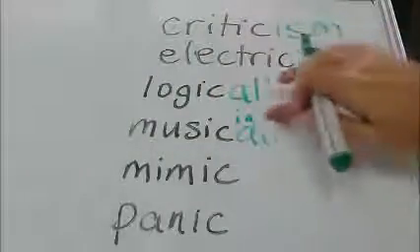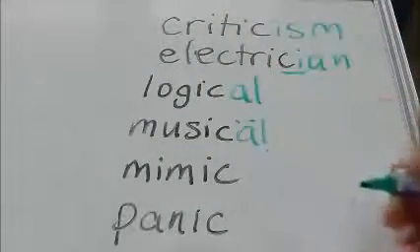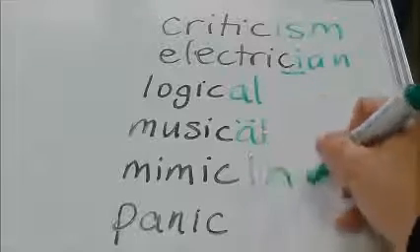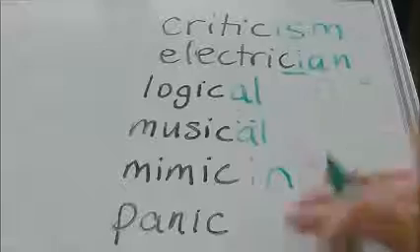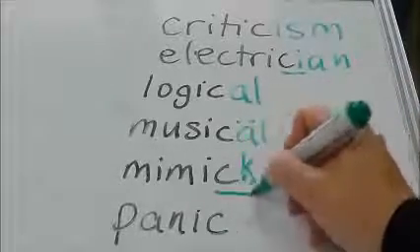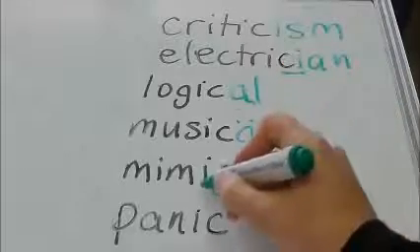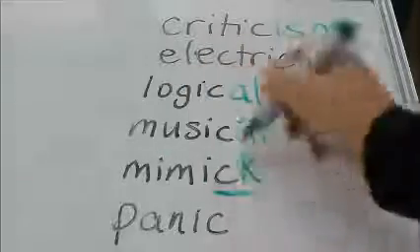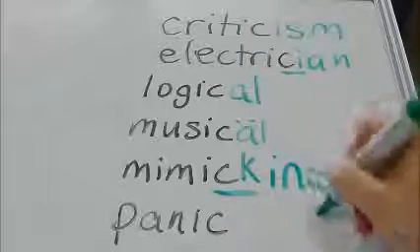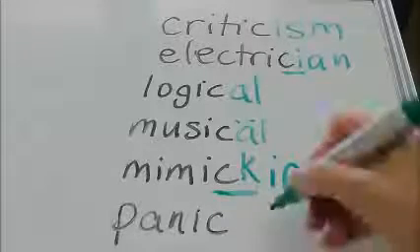Yeah, and then now mimicking. If I'm mimicking someone, if I do this, that would be mimicking. Can't do that. So what we do is we add this. We make it into this spelling. This CK shows you that this is an I. So mimicking. He is mimicking him or her.